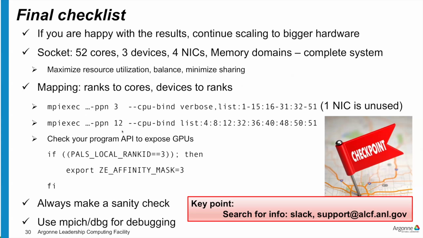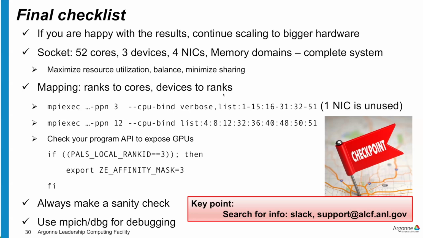If you are not happy with the result, then you probably want to know more about the domains of our machine, how the sockets are subdividing the devices, how the devices are shared, how to maximize the resource utilization and the balance of them, how to map ranks to the cores, devices to ranks, memory to devices to ranks, and so forth, how to find yourself an environment.